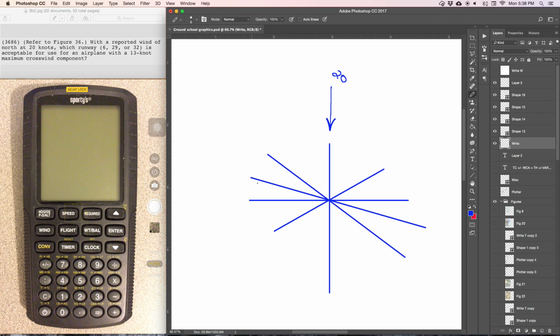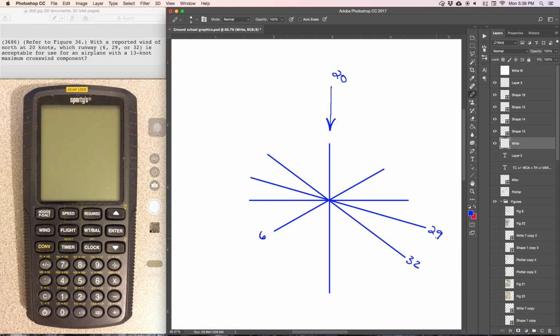All right, so we have runway 29, runway 32, and then runway 6. So just by drawing this graphic, I can already tell that runway 32 is going to be more into the wind than runway 29.